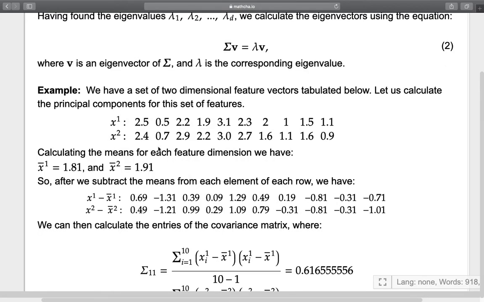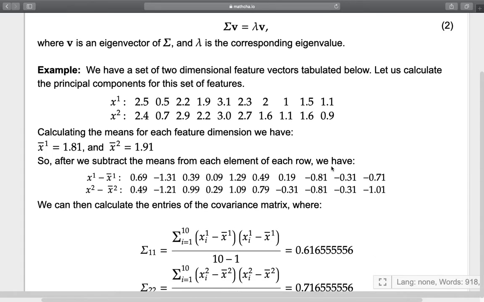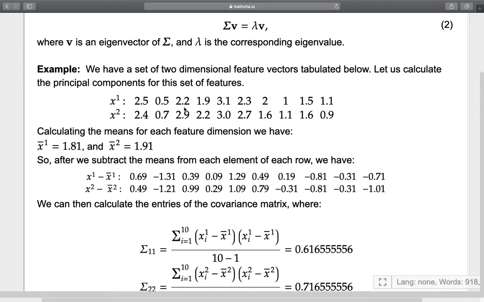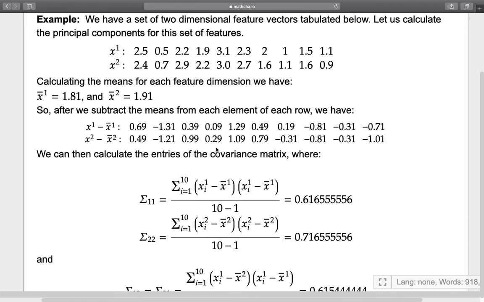First of all, we will need to calculate the means for each feature dimension. So we calculate the mean of x1, add them up, and divide by the number of samples. Similarly, for x2, we do the same thing.